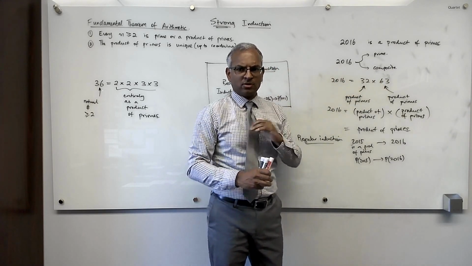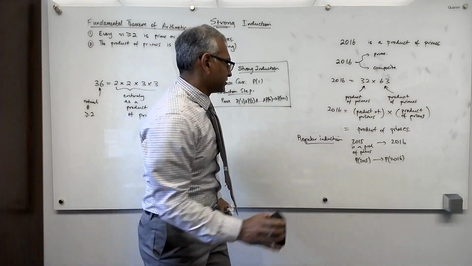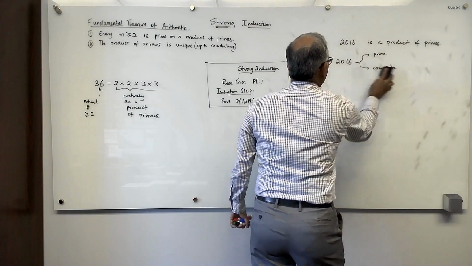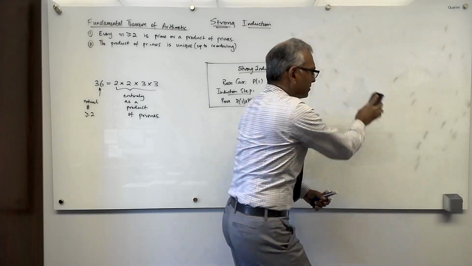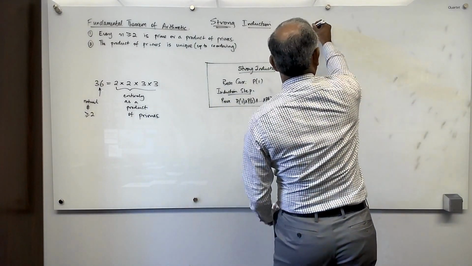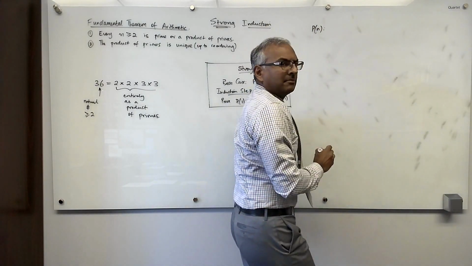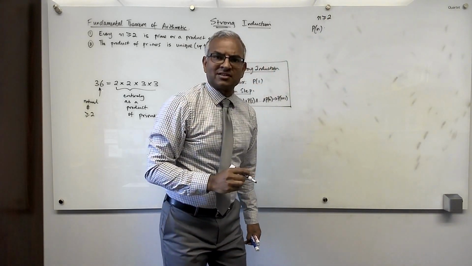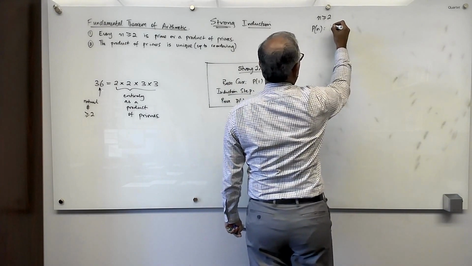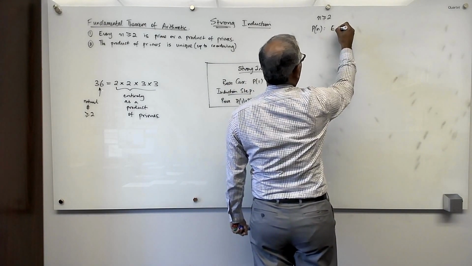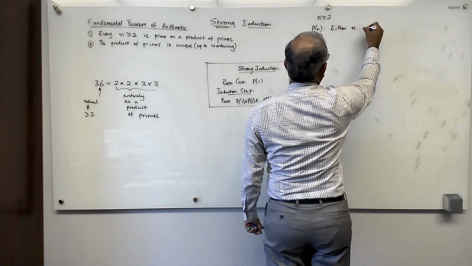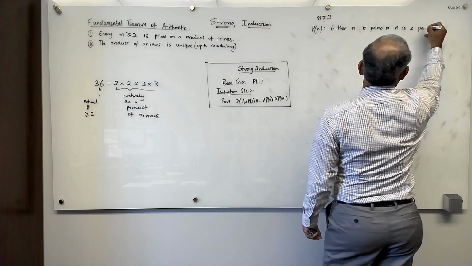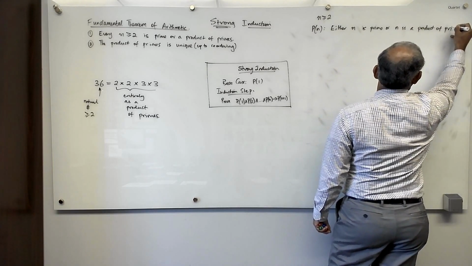Okay, so let me show you the full proof in all its details. So, the claim P of n, for n greater or equal to 2, is the claim that either n is prime or n is a product of primes.